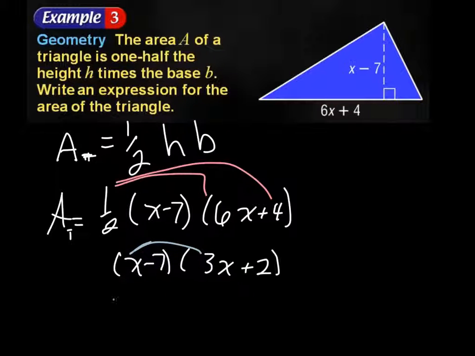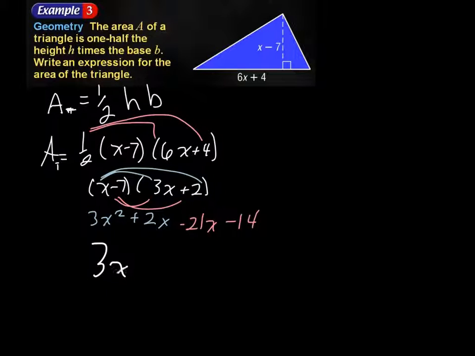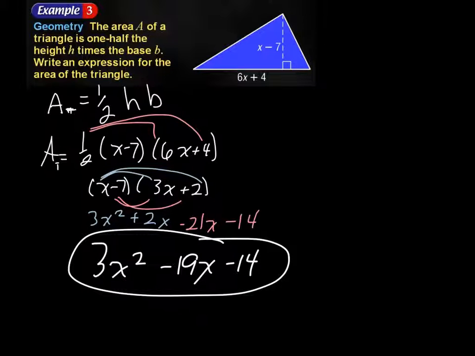So first, 3x squared, outer plus 2x, inner minus 21x, last minus 14. So the last thing we have left to do is combine our like terms. So 2 minus 21 is negative 19x minus 14, and there we are.